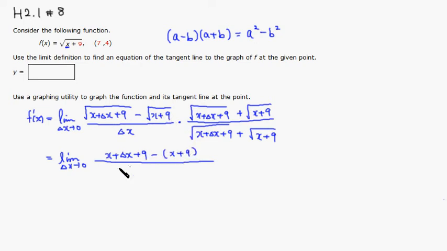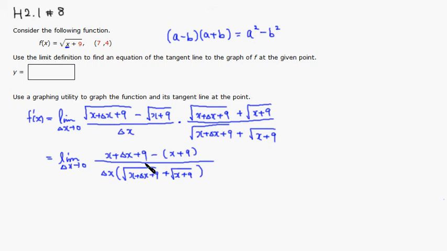On the bottom, there's nothing you can do, so you have delta x times the quantity square root of x plus delta x plus 9 plus square root of x plus 9.